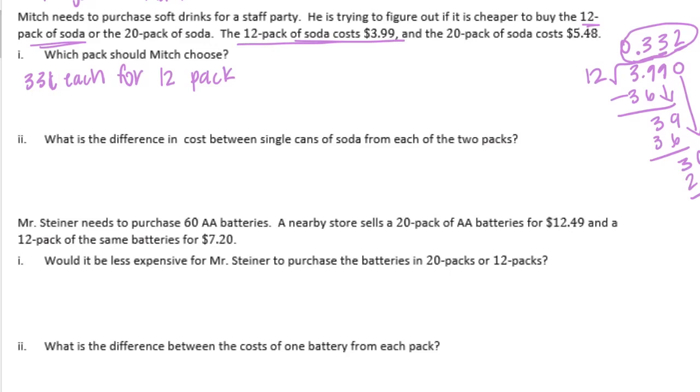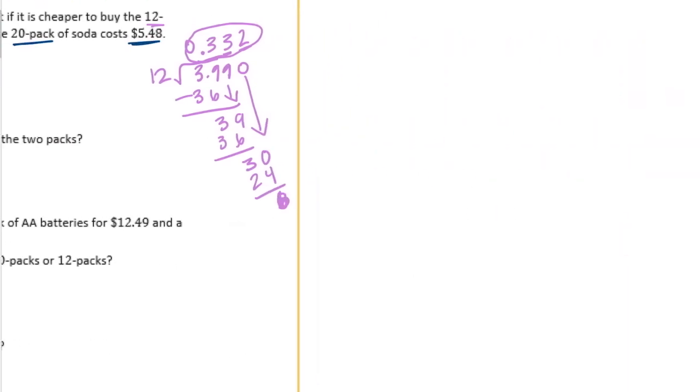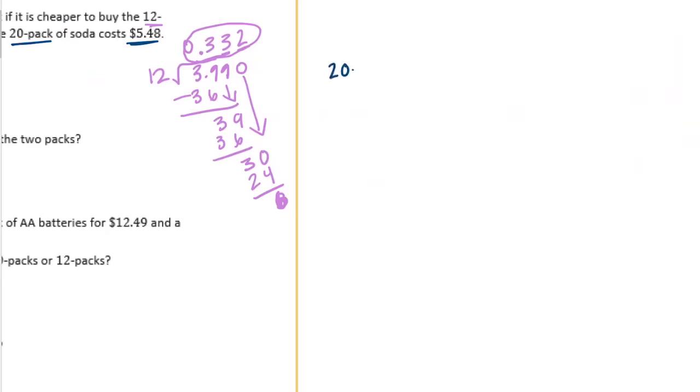Now let's do the 20-pack, which is $5.48. Let's bring the decimal point up. 20 can't go into 5, but it can go into 54 twice. 2 times 20 is 40. We get 14 and bring down the 8. So 20 can go into 148. Let's see, 7 times. 7 times 20 is 140.